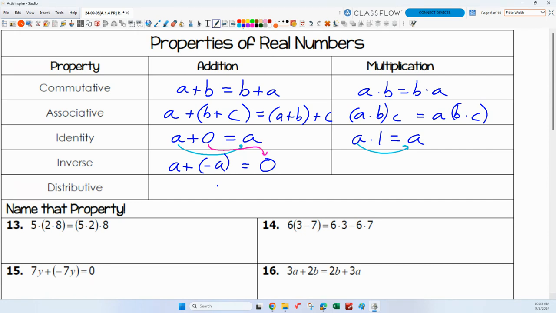Okay, now the same pattern is true for the inverse property for multiplication. What does it have to equal? 1. Yeah, exactly. 1 because that's our identity number for multiplication, right? So now, any number A times what is equal to 1?